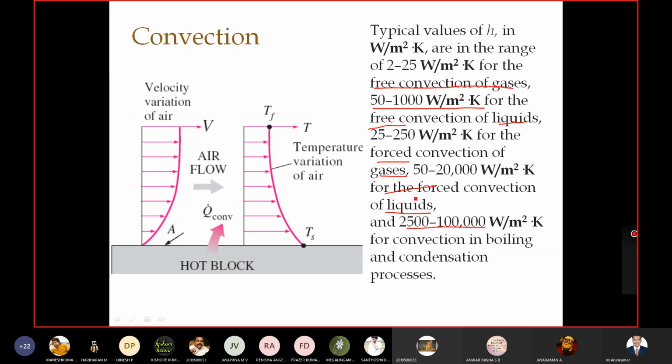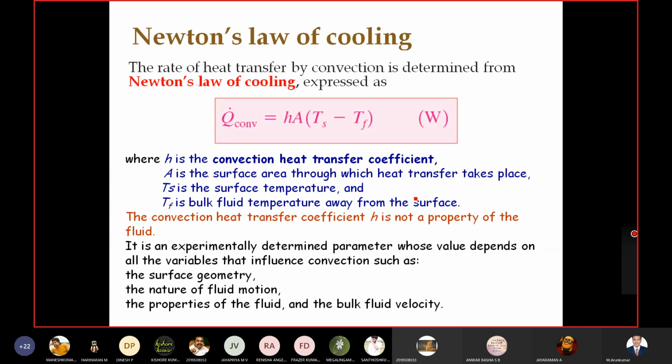So we can have the range of h, the convection heat transfer coefficient, to calculate the heat transfer in the convection process.